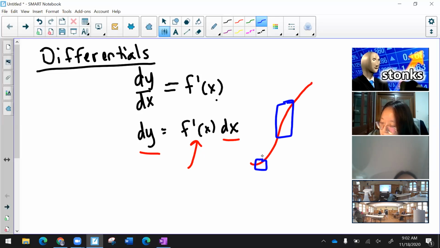Maybe down here, a change in x isn't going to give me nearly as large a change in y, because the slope of the tangent line isn't going to be as big. And that is something called sensitivity.